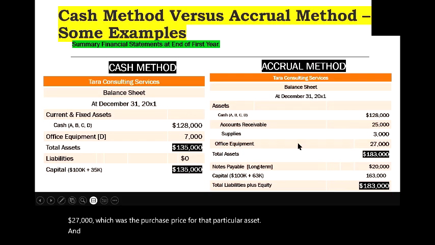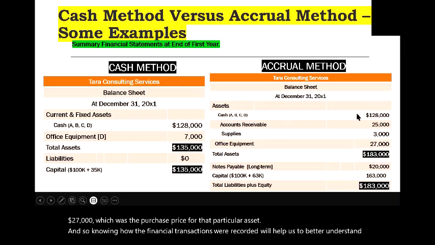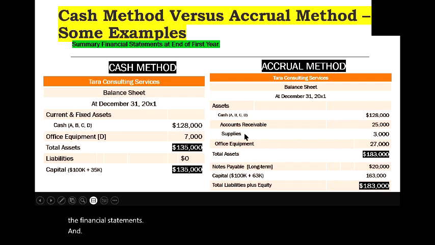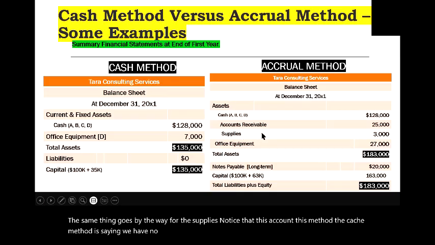And so knowing how the financial transactions were recorded will help us to better understand the financial statements. And the same thing goes, by the way, for the supplies. Notice that the cash method is saying we have no supplies on hand or remaining, but we do, because we did not use all of the supplies.